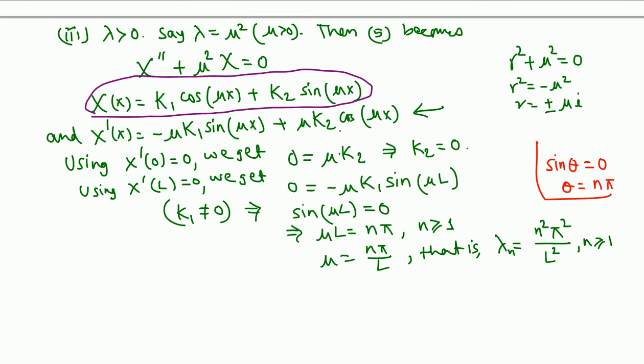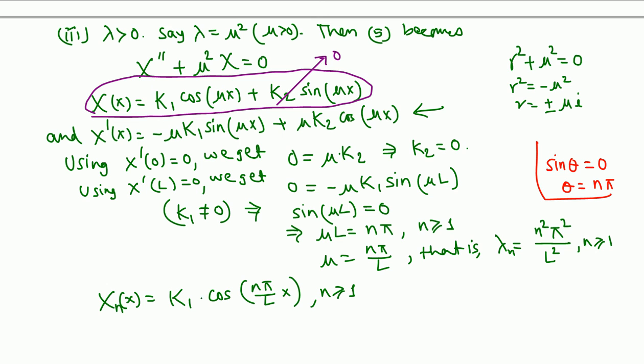and we found k2 is 0, so there is no second term, just the first term, and we get x equals k1, just the arbitrary constant, cosine mu x, and mu is found here, n pi over L, n pi over L x, and there are infinitely many, so we need to put n here as well.